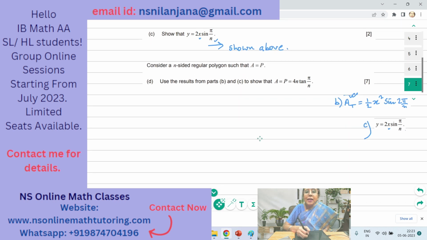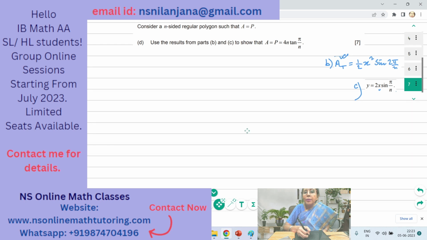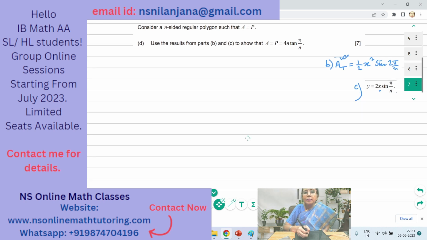And subpart C had asked us to show that y was equal to 2x times sine pi by n. So I have brought in these two results. And using these two, we have to prove that A equals P equals 4n times tan pi by n. We are seeing both of them have a sine function. We are not having any tan function.